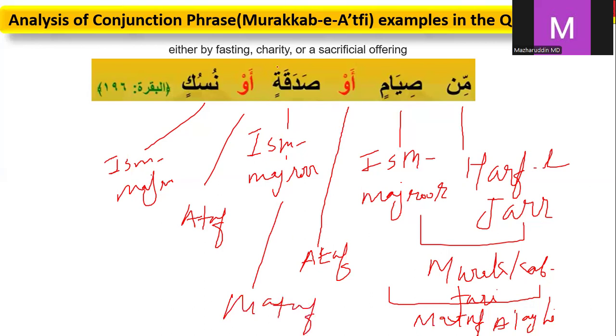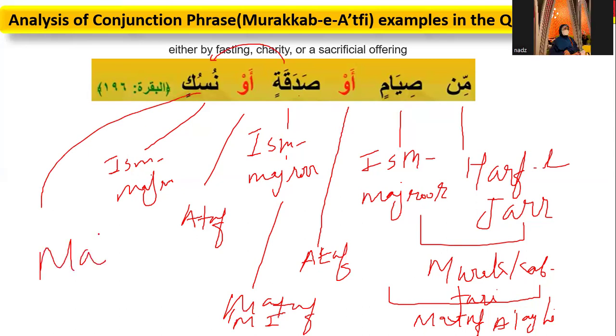Now for this one, again, this one is matuf ilayhi. It is both, am I right? Sadaqatin, again it is matuf ilayhi. And again this one is matuf. So the whole is called murakkabe atfi. Am I right?